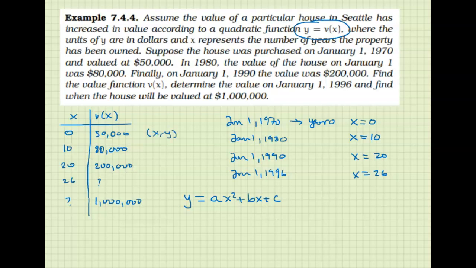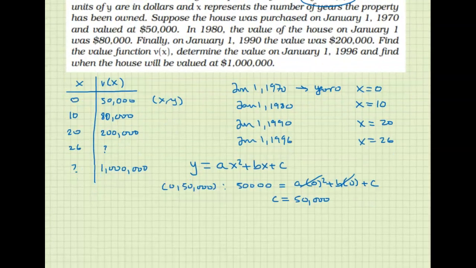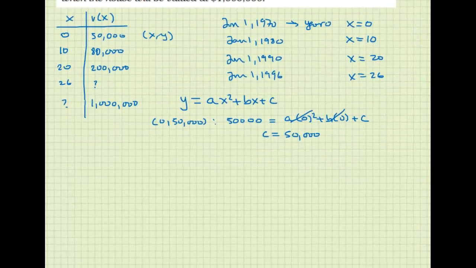So we know that when x is 0, y is 50,000. So we're going to plug that in: 50,000 equals a times 0 squared plus b times 0 plus c. So these cancel out, and c equals 50,000. That finds the y-intercept basically. We know that when x is 10, this is 80,000.